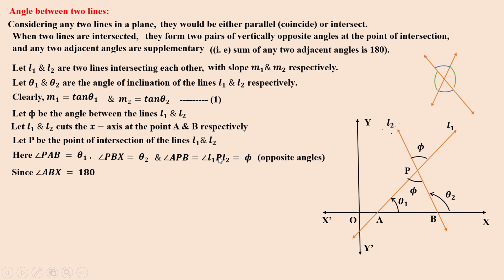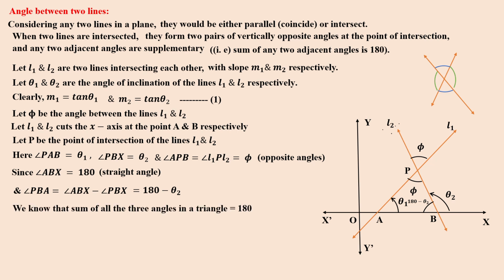So angle ABX is a straight angle, 180 degrees. So PBA is equal to ABX full angle minus angle PBX, so 180 minus theta 2. We know the sum of all three angles in a triangle is 180 degrees. So consider the triangle PAB: the sum of the angles, angle PAB plus angle APB plus angle PBA, is equal to 180.